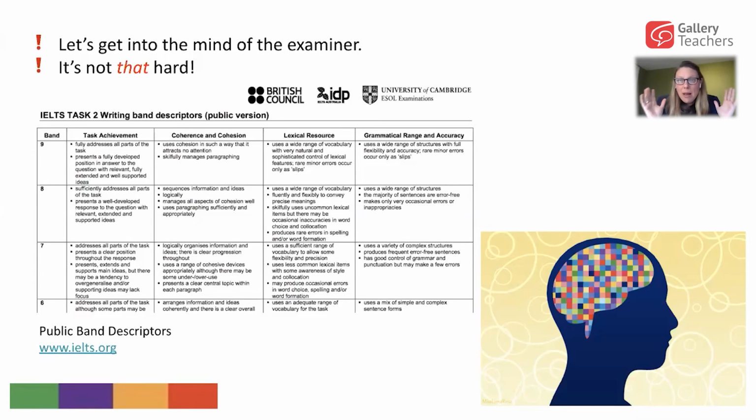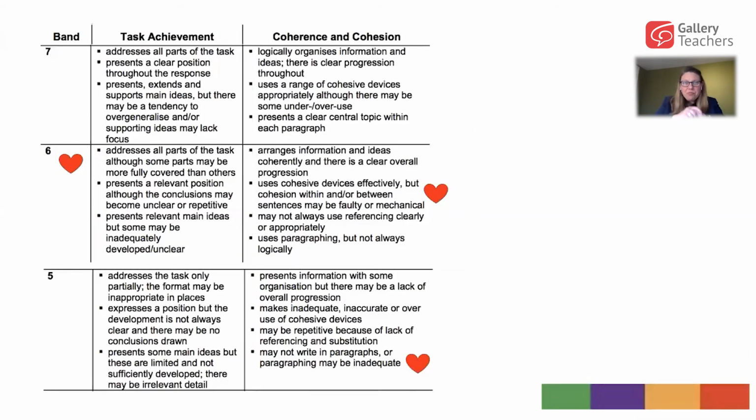So these are publicly available band descriptors. You can get them from the official IELTS.org. And this is basically your guide. This is your map. This is IELTS telling you, if you do this, this is the band you will get, okay? So we're going to have a look at these in a little bit more detail for IELTS Part 2.